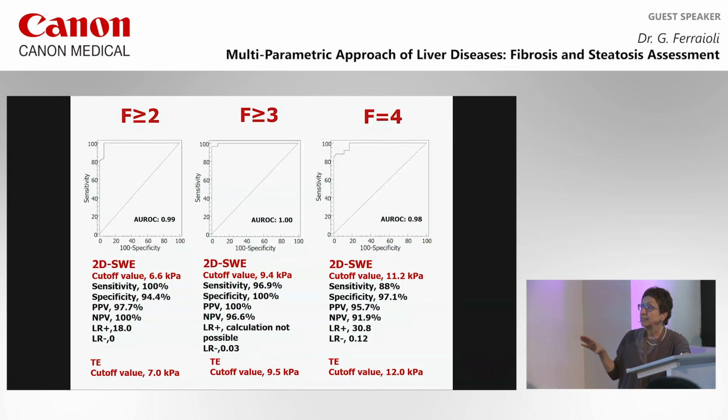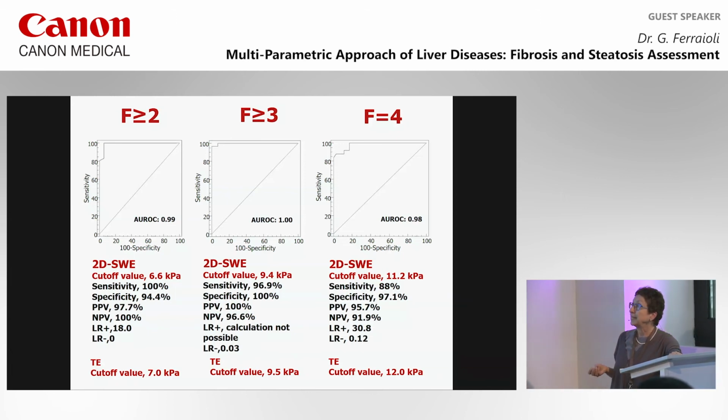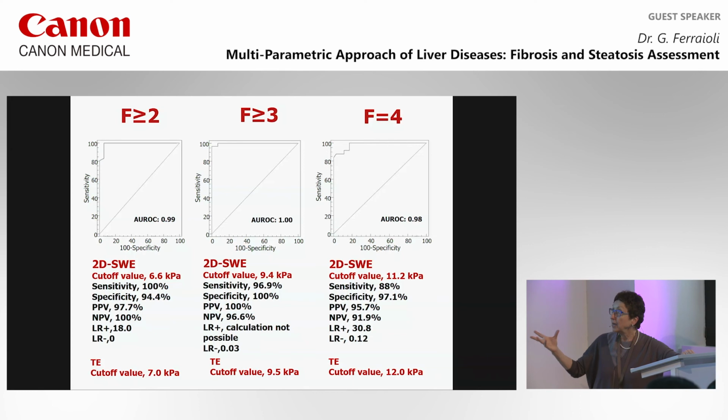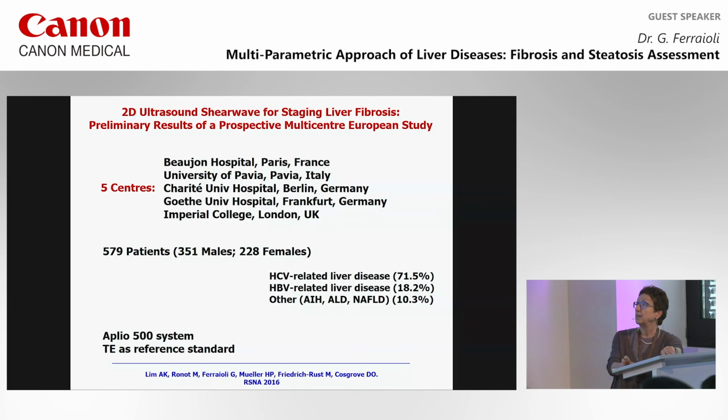As you can see, sensitivity and specificity were pretty high, and accuracy, looking at the ROC curves, is almost 1, very high accuracy of the technique in staging liver fibrosis.